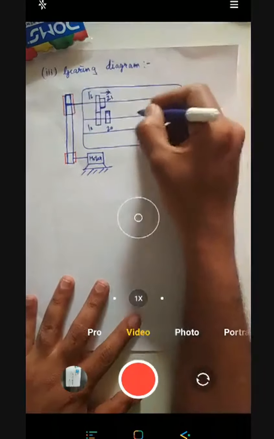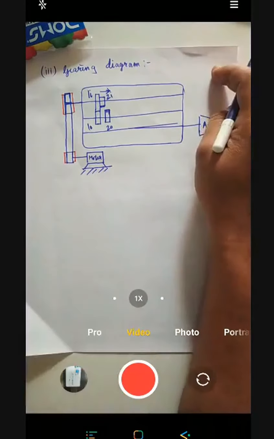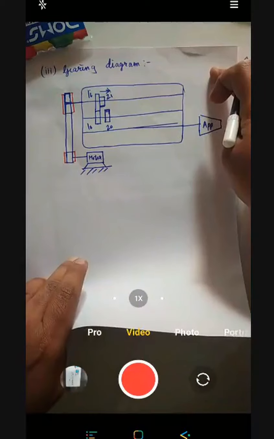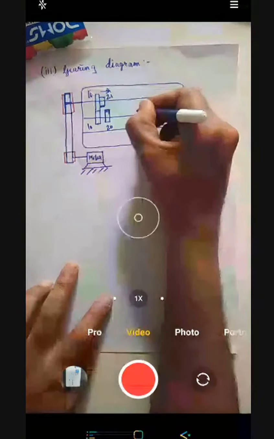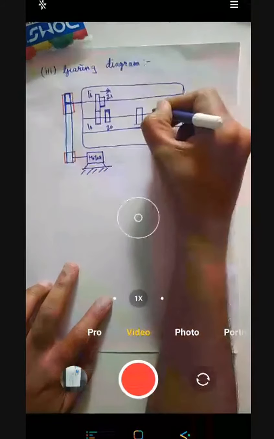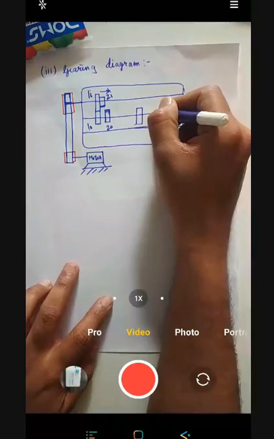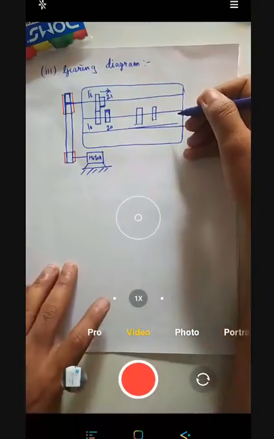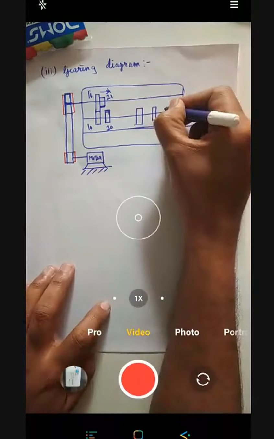Same way, आपको यहाँ पर बनाना है 3I, 4I, 5I, and so on. So 3I is a bigger entity. Then 4I is an equal entity, and 5I is a slightly smaller entity.